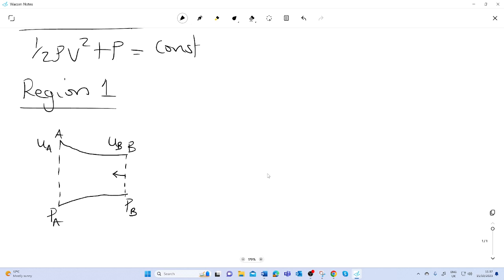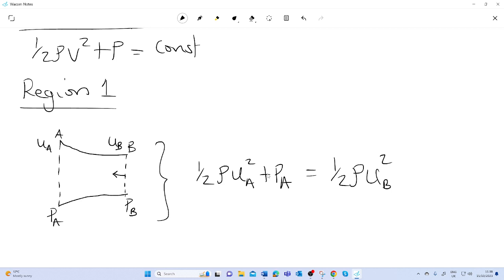So therefore, using this region 1, our Bernoulli equation becomes half rho UA squared plus PA equals half rho UB squared plus PB.